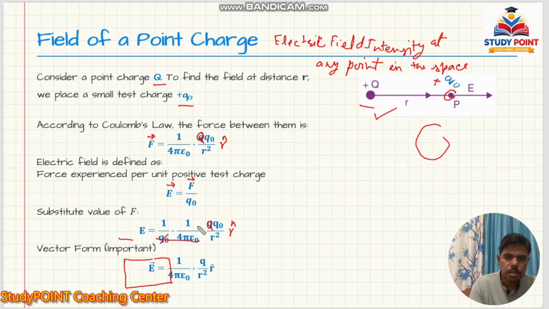Now, this q naught and q naught will cancel out, and hence we get our final formula, that is E equal to 1 upon 4 pi epsilon naught, q upon r square, r cap.